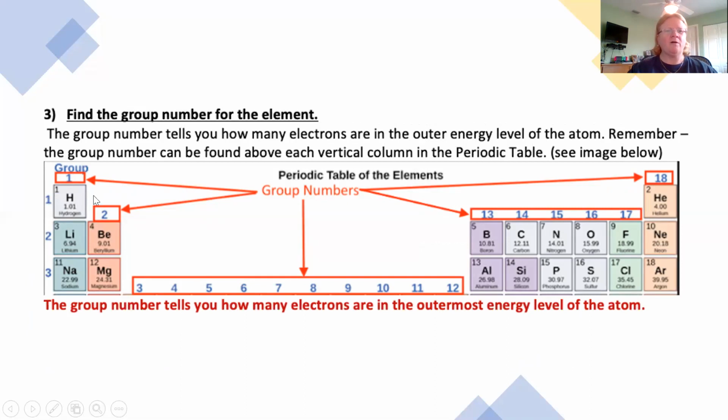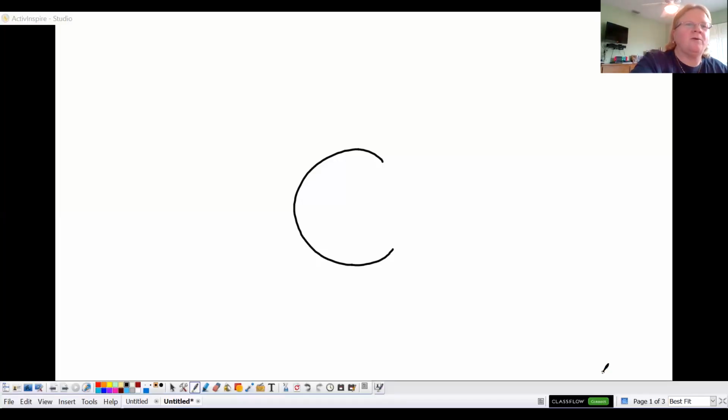So group 1 has 1, group 2 has 2, group 3 has 3, and so on. So if I go over here to carbon, carbon is right there, and it is group number 14. So I'm going to make a note of the fact that carbon is in group 14.